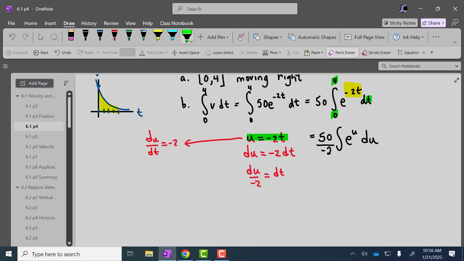If we are given a t value of 0, we can plug it right in there and see what the corresponding u value is. And I think it's pretty obvious that that corresponding u value is 0 also. So that t value gets plugged in right there, giving this u value. That t value gets plugged in right there, giving negative 8. So that's going to put a negative 8 as this upper limit of integration.